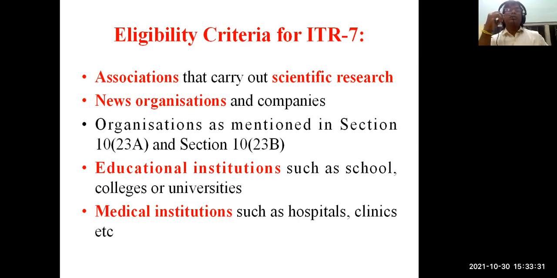Organizations mentioned in section 10(23A) and section 10(23B) also follow ITR 7. Educational institutions such as schools, colleges, and universities fill up ITR 7. So remember, educational institutions, schools, colleges, and universities, fill up ITR 7. Medical institutions, such as hospitals and clinics, also fill up ITR 7.